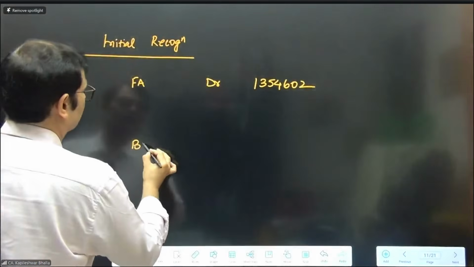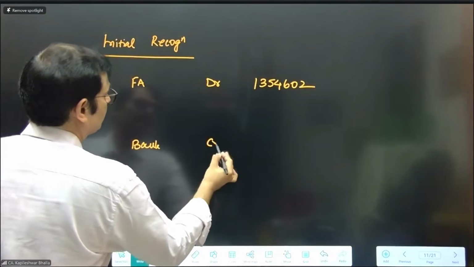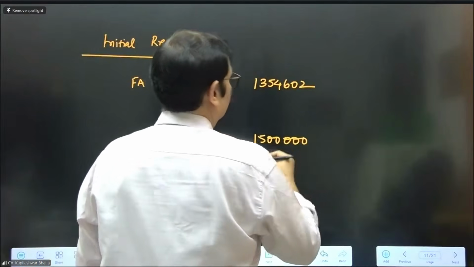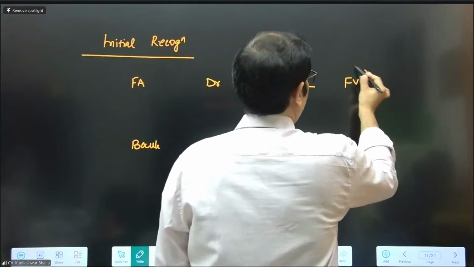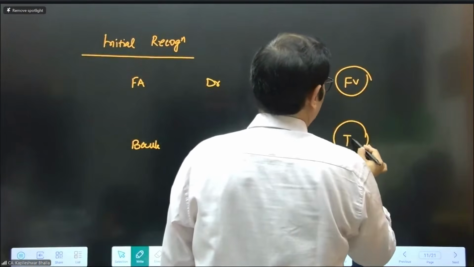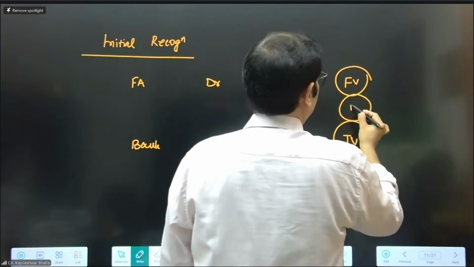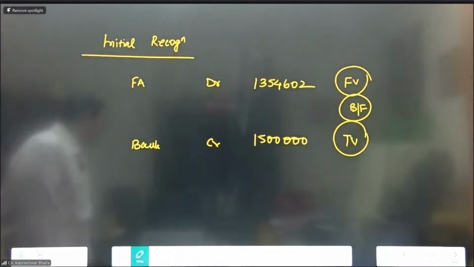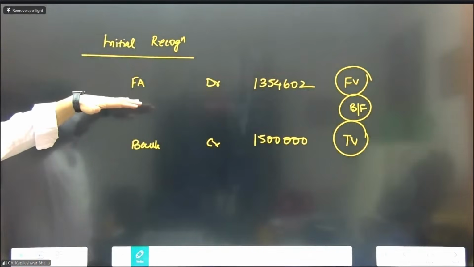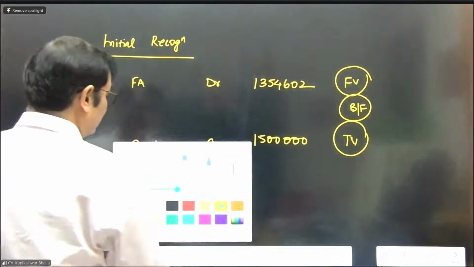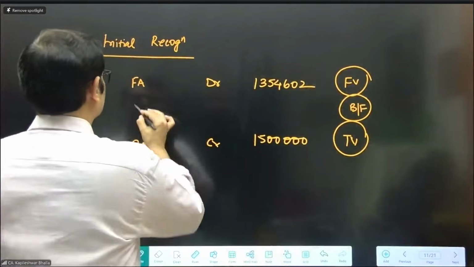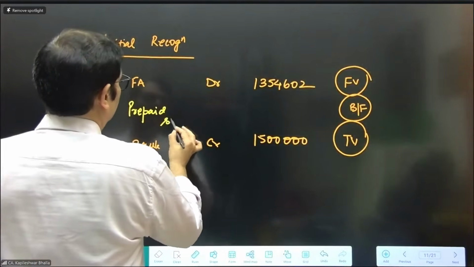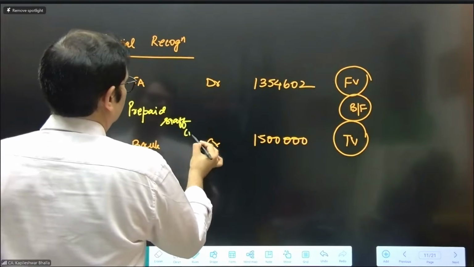And we record the figure that is bank. The amount of loan is 15 lakhs. So this is the fair value, and this is the transaction value. And this is supposed to be the balancing figure. I think you already know this well, that this difference is going to be called a prepaid staff cost.